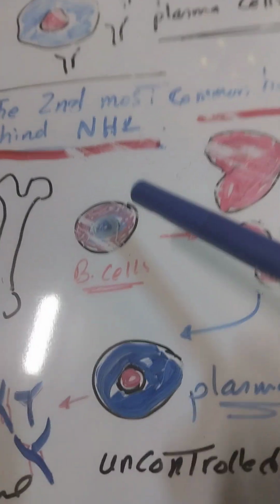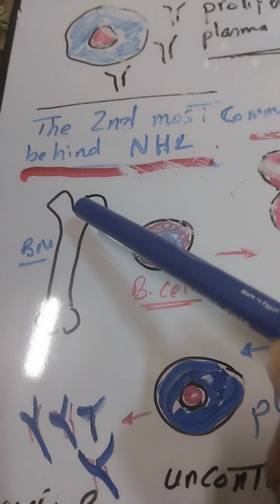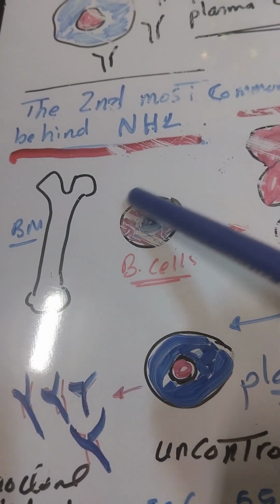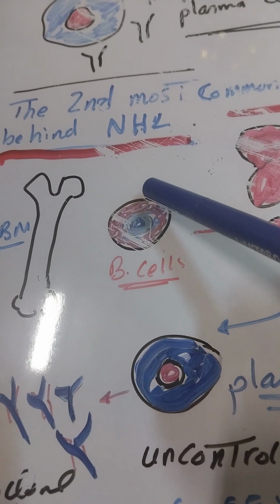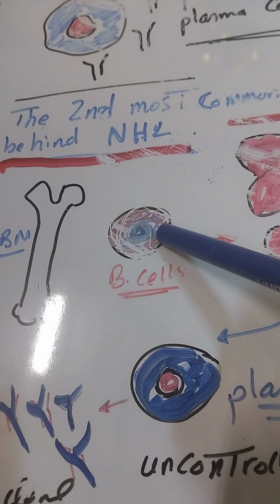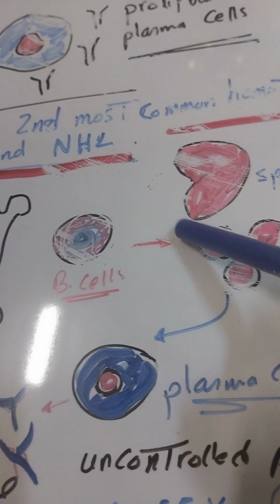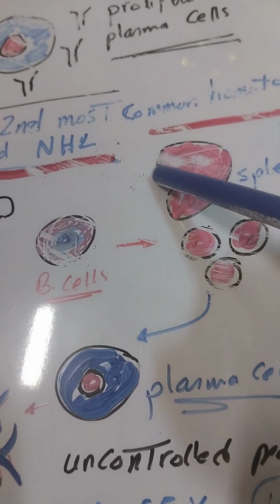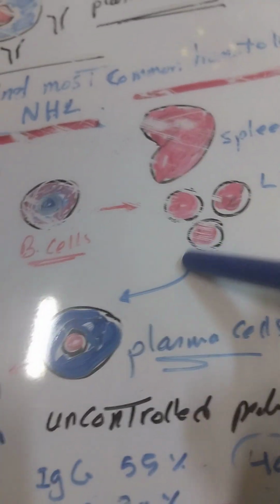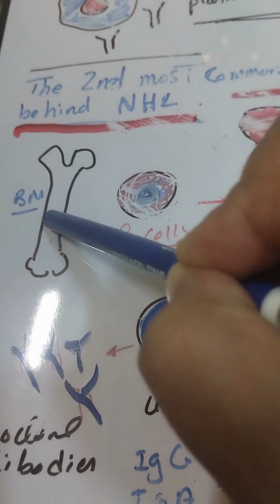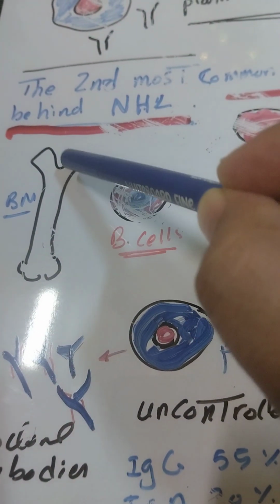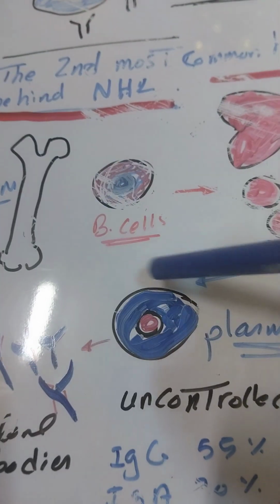What is the origin of the plasma cells? Here is the bone marrow, which produces from the hematopoietic stem cells the B lymphocytes. This is the shape of the B lymphocytes. B lymphocytes on exposure to antigen become converted into plasma cells in the spleen and lymph nodes. The plasma cells return again to the bone marrow to live in their house, which is the bone marrow.